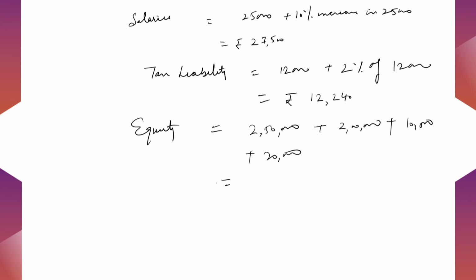So, we reach the figure of 4,80,000 here. To this 4,80,000 we add the new profit we calculated, 1,89,635. So, the total value of equity will become 6,69,635 rupees.